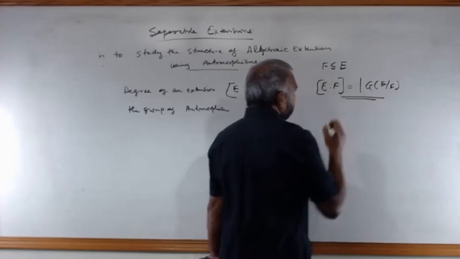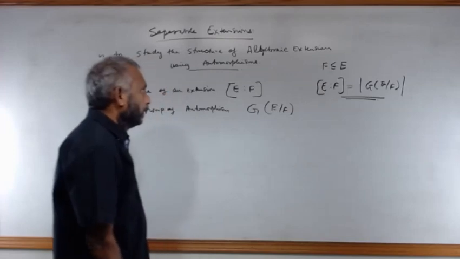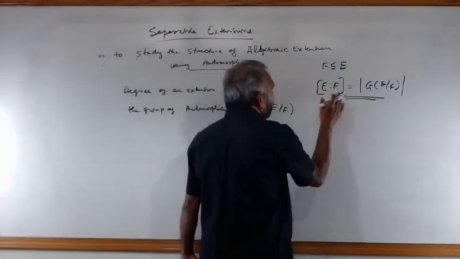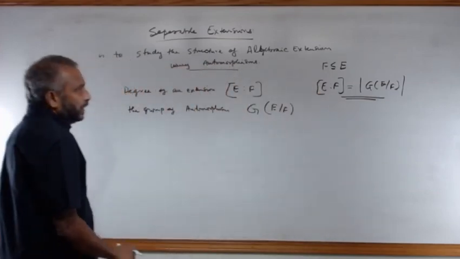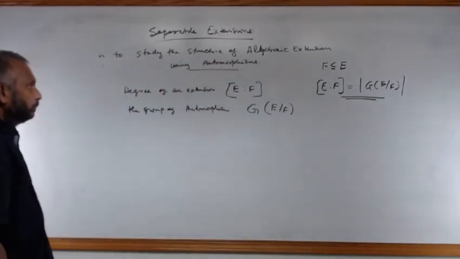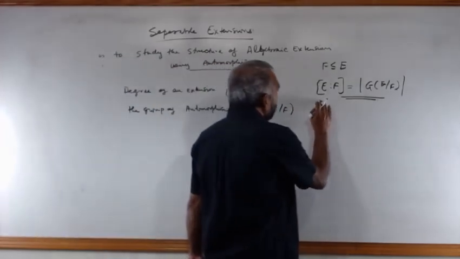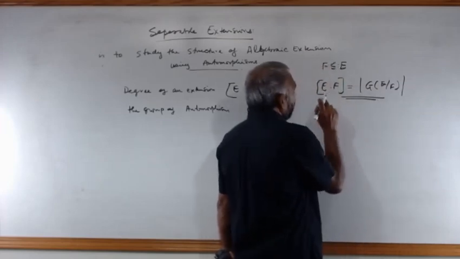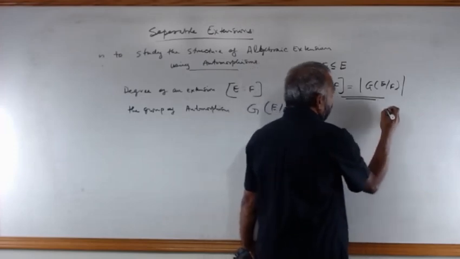This is our goal. Once you establish this, we know that that is the extension we are looking for in Galois theory. And towards this end, we already defined a property of extensions called splitting field.